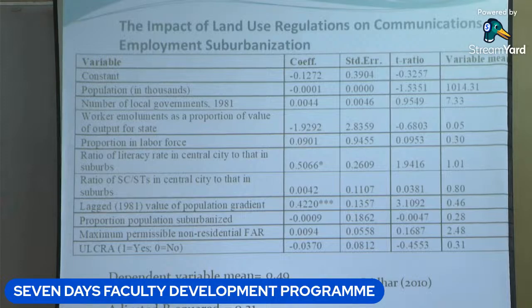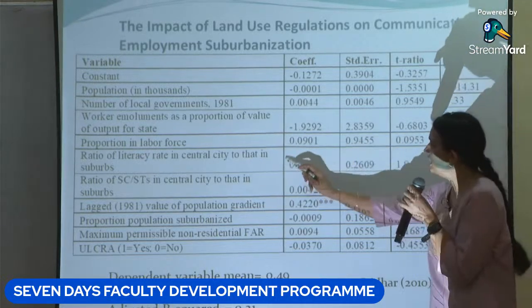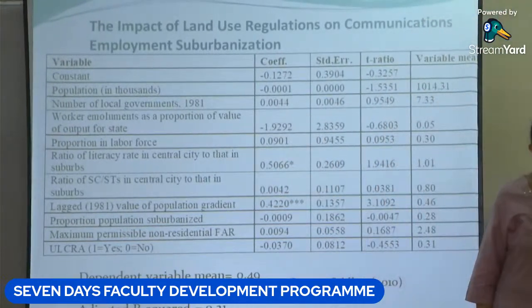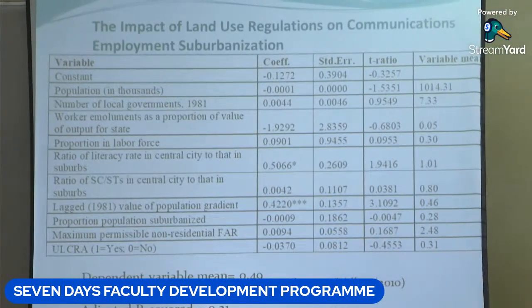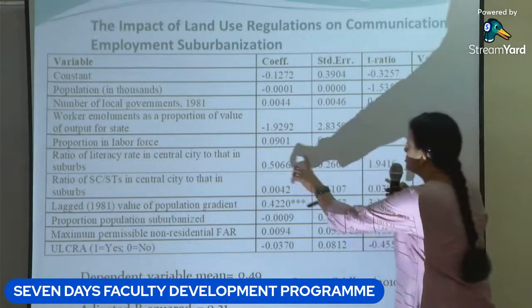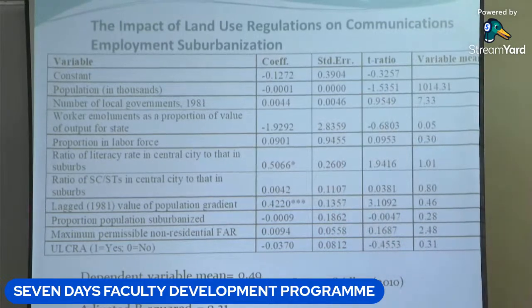So we used that, and interestingly we found that the ratio of literacy rate in the central city to that in the suburbs has a positive impact, which basically means that communications employment goes behind IT skills and talent, for which the literacy rate is just used as an indicator because in the census, data beyond literacy rate are not available.